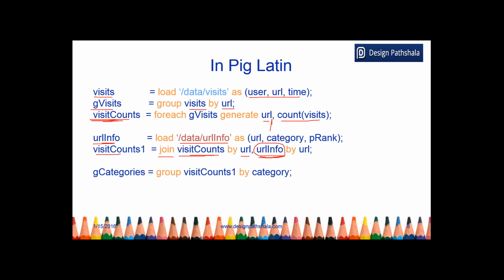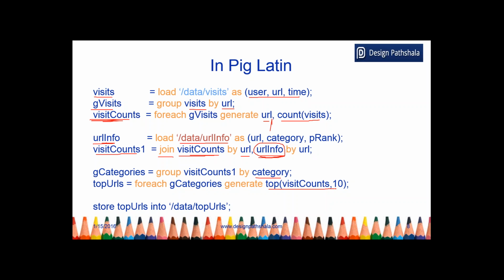Then I grouped these visit counts by category and generated top 10 and dumped it. So this is 6, 7, 8 lines of code and everything is done for us.